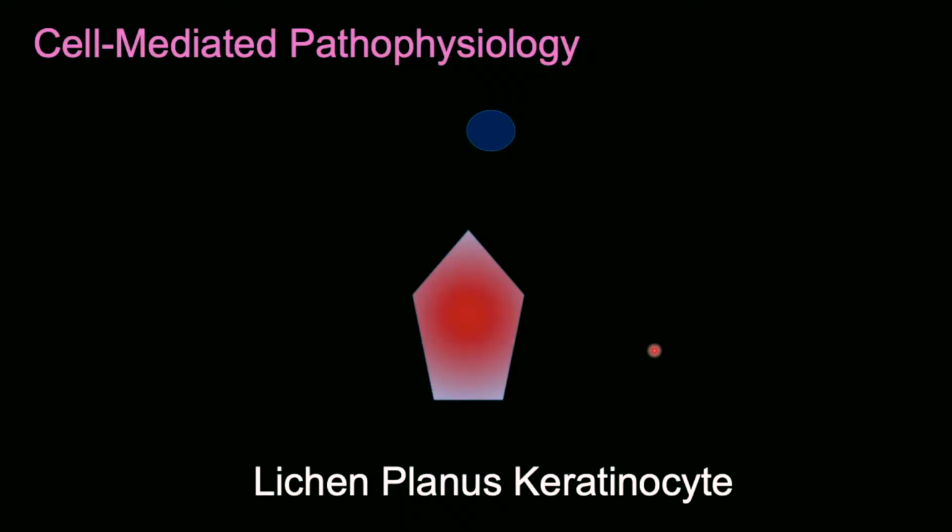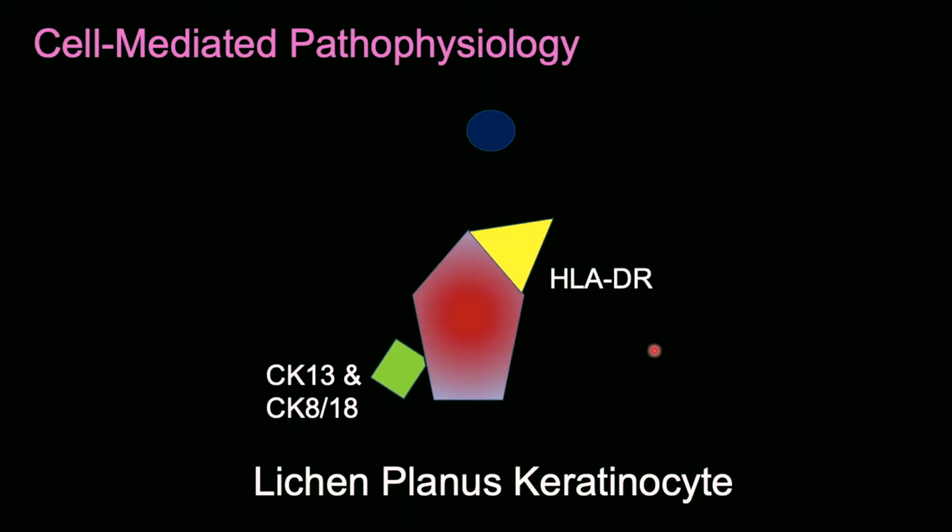The pathophysiology that we know so far about lichen planus usually happens in relation to HLA-DR and cytokeratin 13, 8, and 18, where the main player is CD8. That doesn't mean other lymphocytes or other markers are not involved, but the main cytotoxic CD8 etiology is predominant in explaining lichen planus pathophysiology.